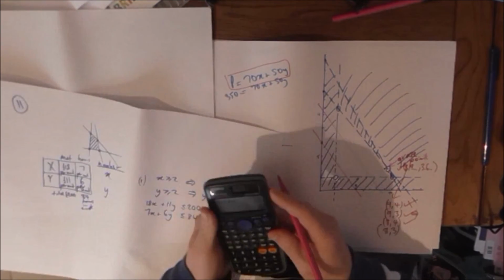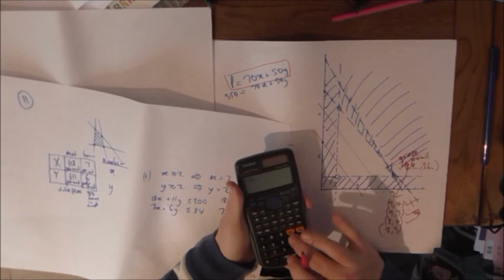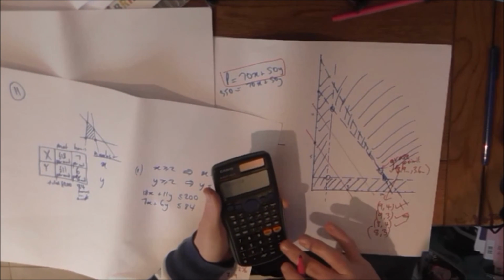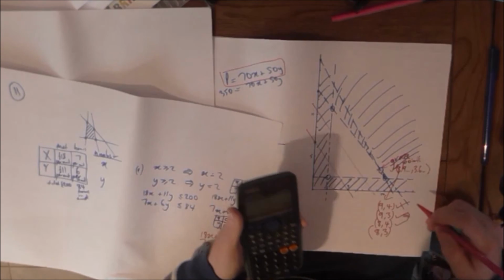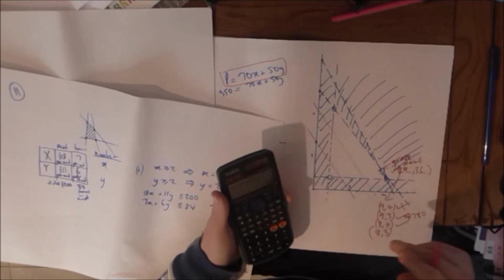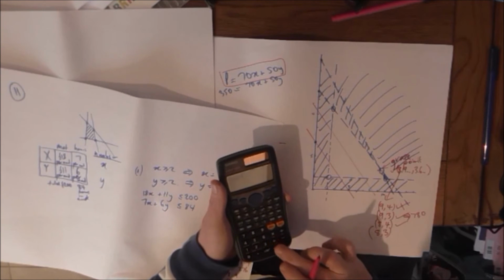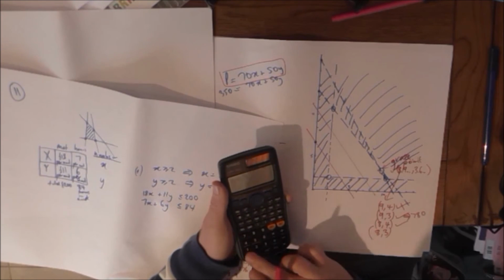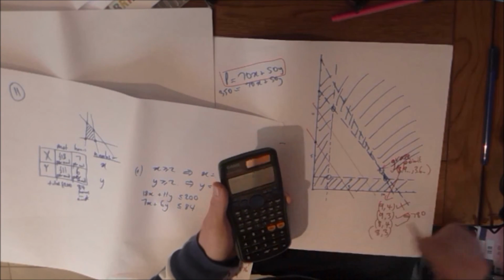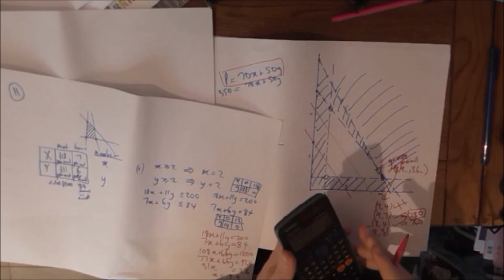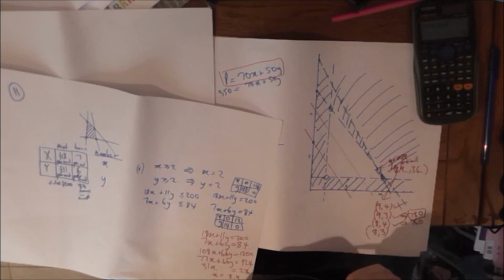So 70 times 9 plus 3 times 50 equals 780 profit. What about this one? 70 times 8 plus 50 times 4. That's 760 profit. So that's your maximum profit.